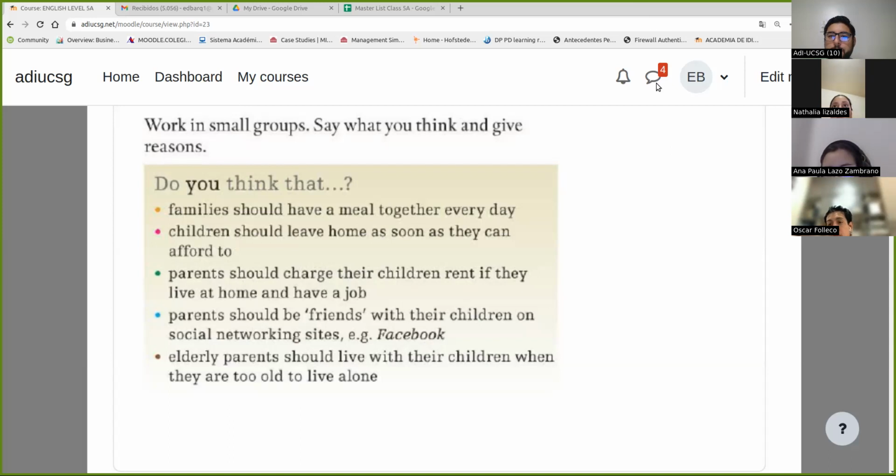I'm going to create the breakout rooms. As I told you, groups of 2 to 3. That should be more than enough.